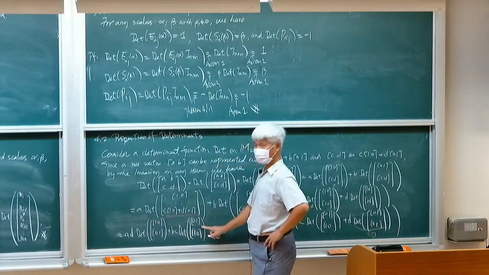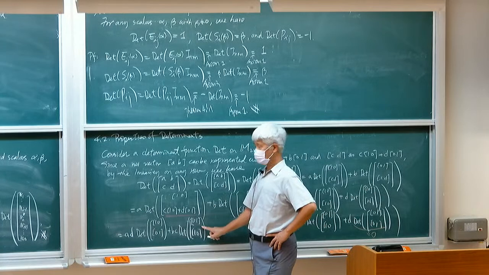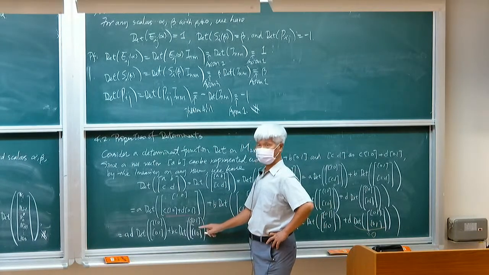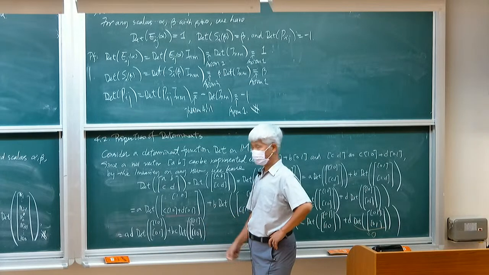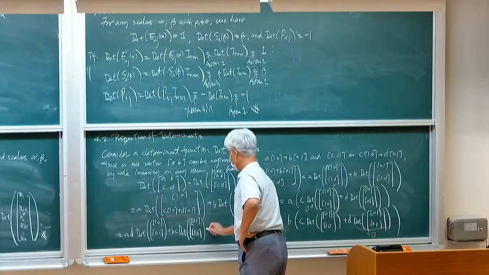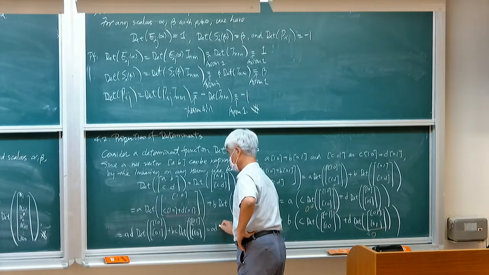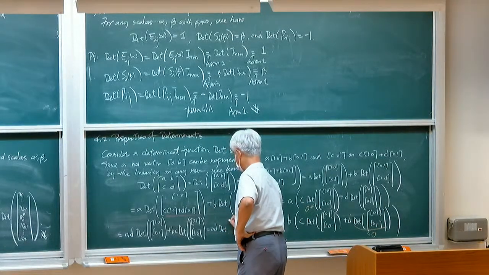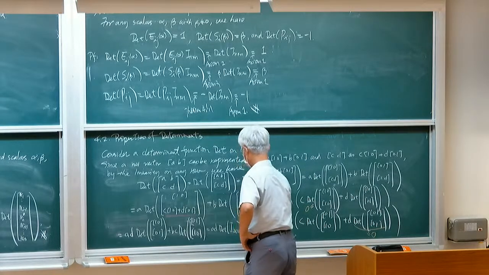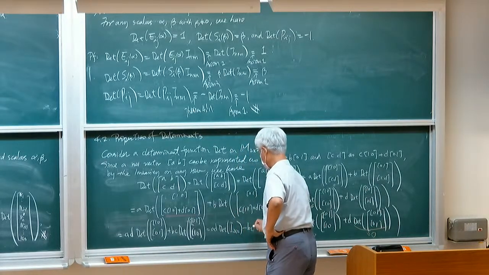But this one is not the identity matrix, right? To turn this matrix into the identity matrix, you have to exchange these 2 rows. So once we exchange these 2 rows, this is 2 by 2, you change the sign.